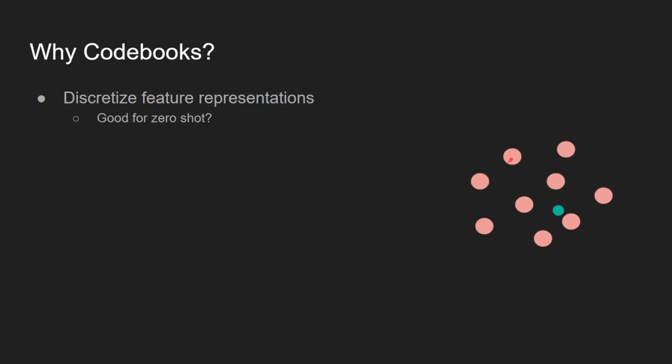Whereas if we have a smaller codebook, it might only represent very generic features, maybe like color. And we have control over this, versus something like k nearest neighbor, where we have to store the entire dataset.